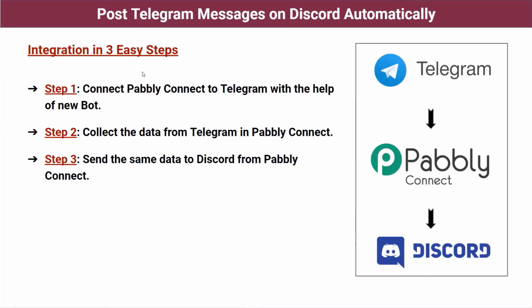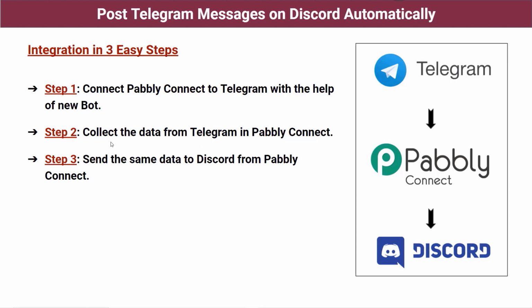So guys, these are the 3 easy steps by which you can also make this integration or connection between Telegram and Discord. So step 1 is connect Pabbly Connect to Telegram with the help of a new bot. So first of all, we are going to open Pabbly Connect and then create a new bot here in Telegram and connect Telegram with Pabbly Connect.